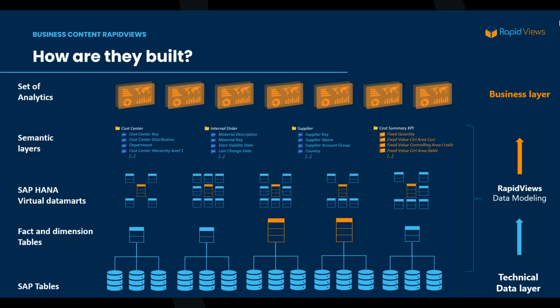So what is the Business Content? The Business Content, in fact, is the creation of fact and dimension tables to create some SAP HANA virtual data marts to provide business users good semantic layers. We have some content on finance and controlling, so you will have some cost center or cost center KPIs in the semantic layer to provide to the users, and they can use it in every BI tool.